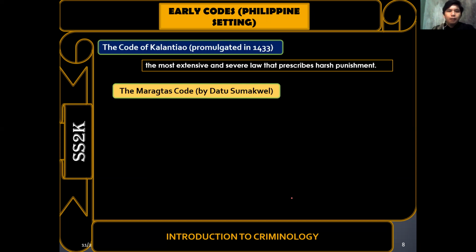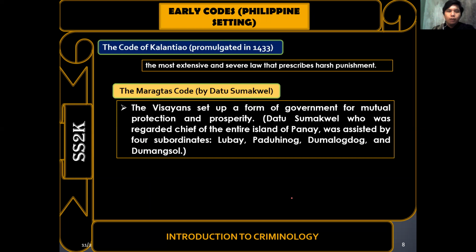Then we have the Maragtas Code by Datu Sumakwel. The Visayans set up a form of government for mutual protection and prosperity. Pag sinabing mutual protection, no? Mutual. Ibig sabihin, kapag ka may lumusog doon po sa ibang tribo ay may sasaklolo na ibang tribo. No? That is mutual protection and prosperity.